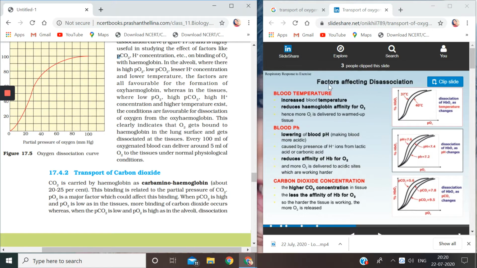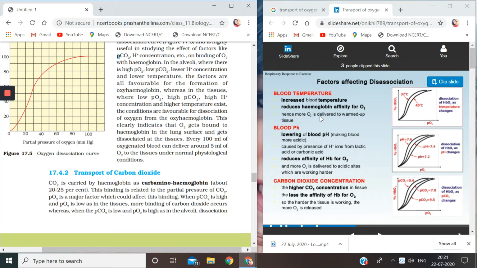As you see here, factors affecting dissociation. The first factor is the blood temperature. Increased blood temperature will reduce the hemoglobin affinity for oxygen. What do you mean by this? The binding of oxygen with the hemoglobin will be reduced if the temperature has increased.